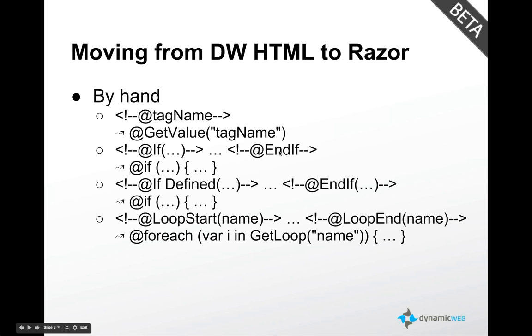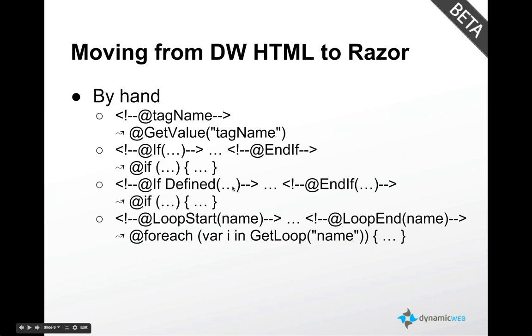If and the matching EndIf is converted into an if, and then the condition in parentheses, and then the content you want to render inside curly brackets. I note here that the examples I will be showing you today will all be C#, but you can also use Visual Basic in your Razor templates if you prefer that.